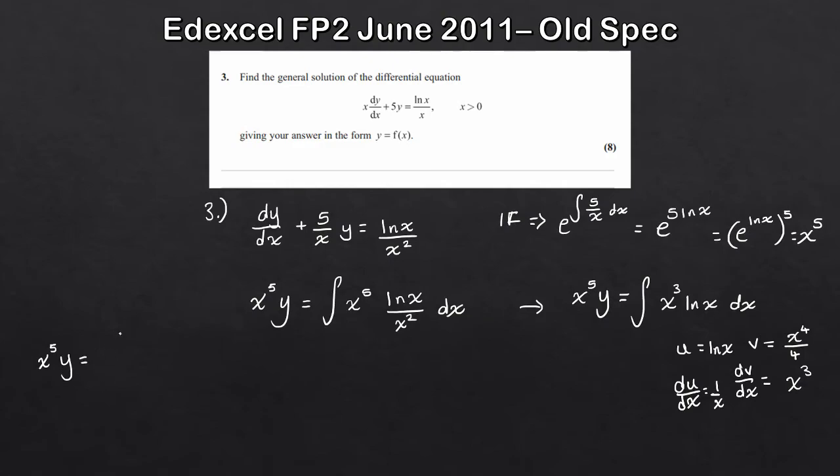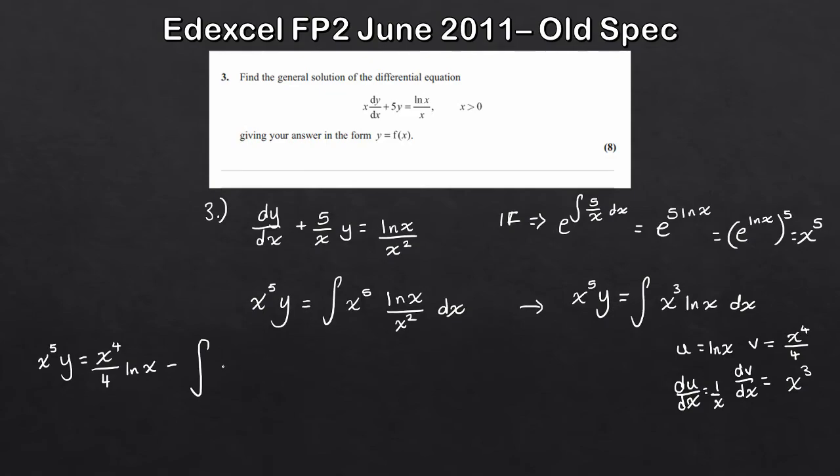Now this is going to be equal to, so remember the formula for by parts, this is going to be uv, so u times v, so that's going to be x to the 4 over 4 ln x, minus the integral now of v and then du by dx.